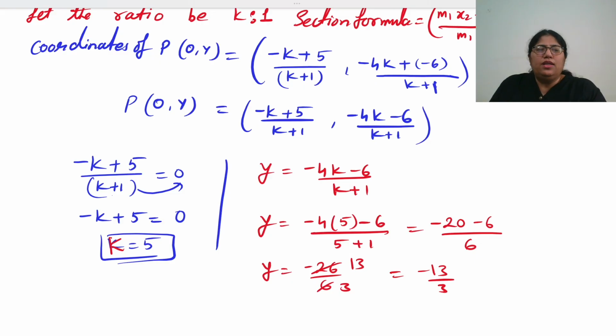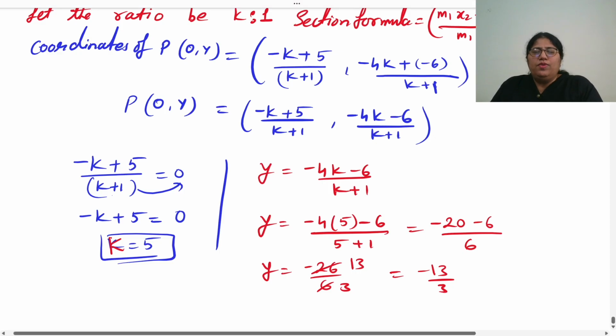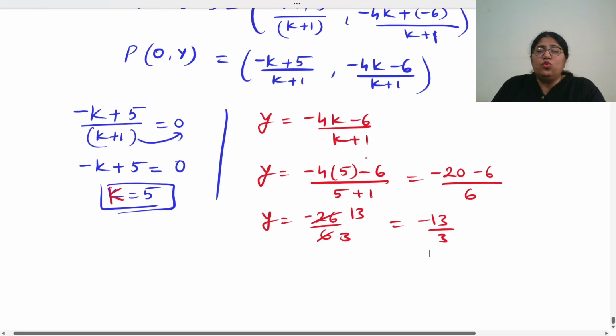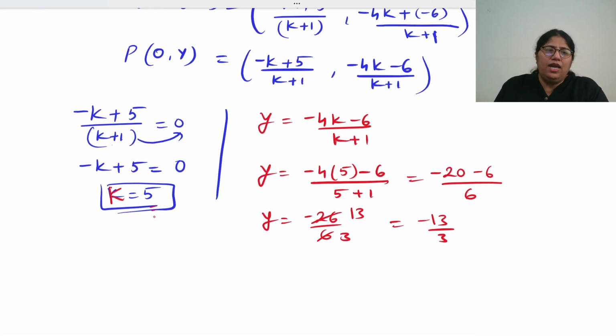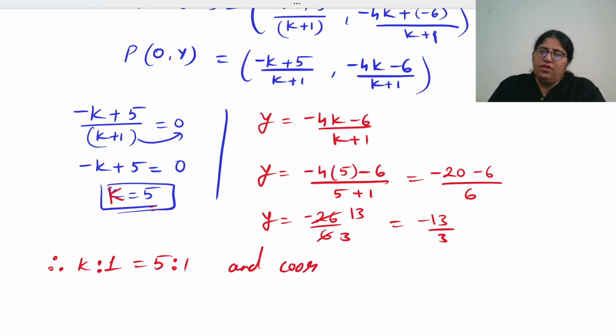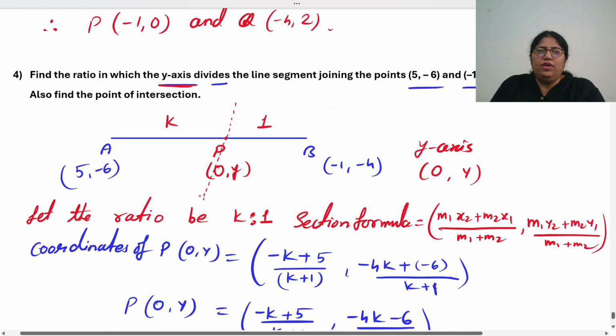Then what is going to be the ratio here? Because you did not get the ratio. What should be written here? Because the ratio is k is to 1, right? And now if you see, the k value is not in fractional form. So here k is to 1 will be equal to 5 is to 1, right? And the coordinates of P, the point which is part of the line dividing this line segment into k is to 1 ratio.